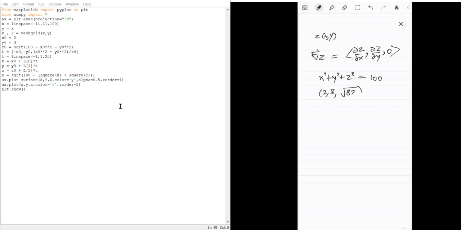So square root of 87, whatever that thing is, we don't care about that. So at this particular point, we just want to figure out what's the tangent to this thing, such that when you move along the tangent, the rate of increase or decrease in your z coordinate is the maximum, or basically just the tangent which is the most vertical, if that makes sense, right?